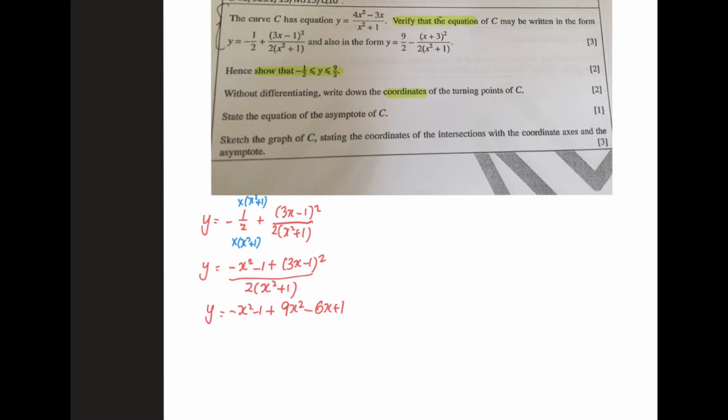Because as you can see here, I multiply with x squared plus 1 because these fractions already have x squared plus 1 and 2, but this one has 2 only. In order to have the same denominator, we need x squared plus 1 to multiply with 2 so that they have the same denominator.